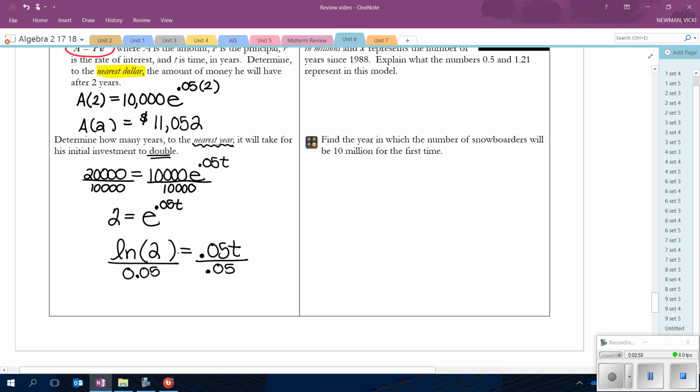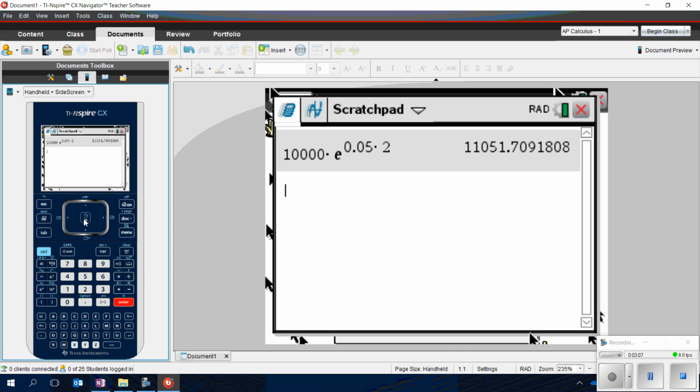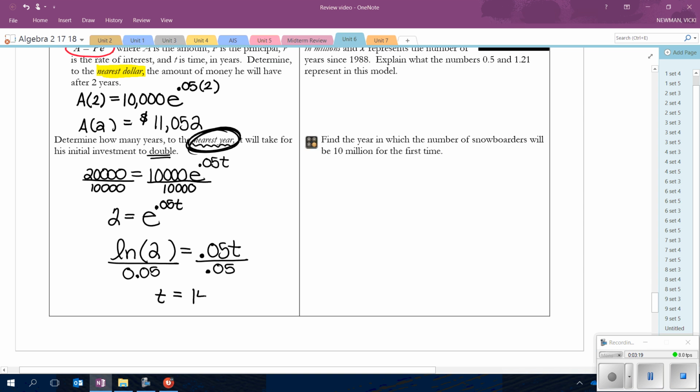So t equals, remember, we're doing nearest year too, so ln of 2 divided by 0.05. That's 13.8, so 14 years. Fabulous.